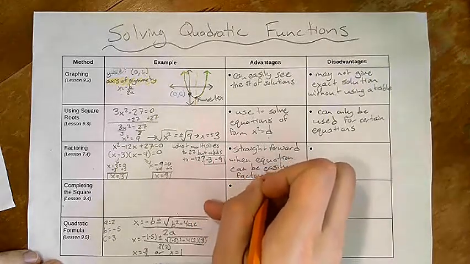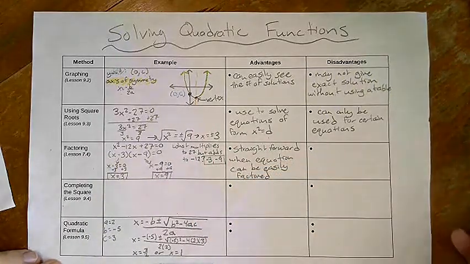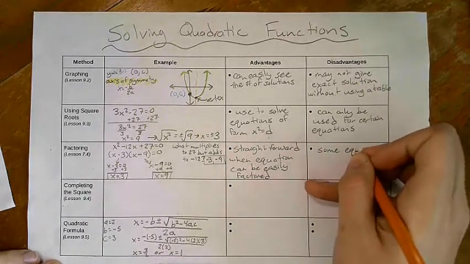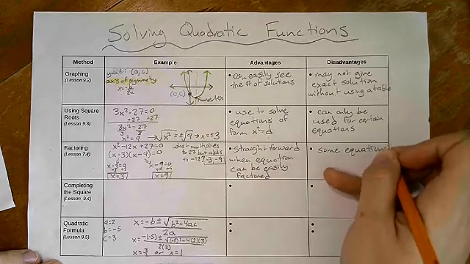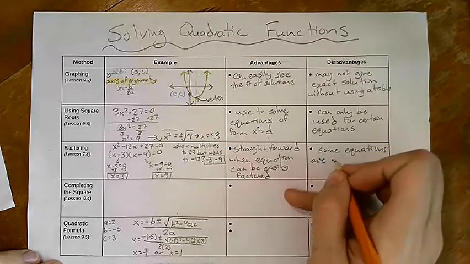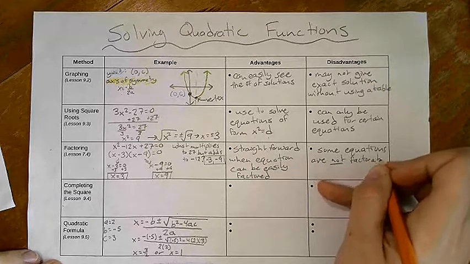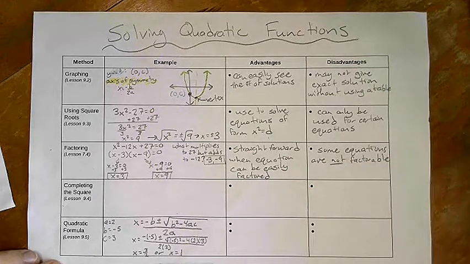The downside is that some equations are not factorable, so this doesn't work every time. And sometimes it's a little harder to factor some equations, right? If we have an a value that's bigger than 1, for example, it's a little more complicated to factor them. We can factor them, it's just more complicated.